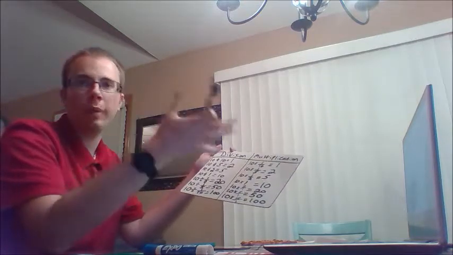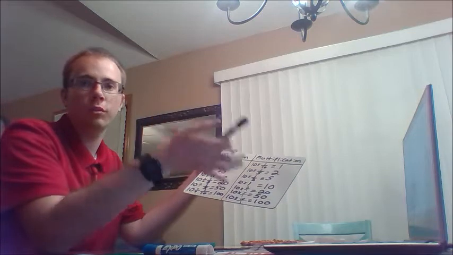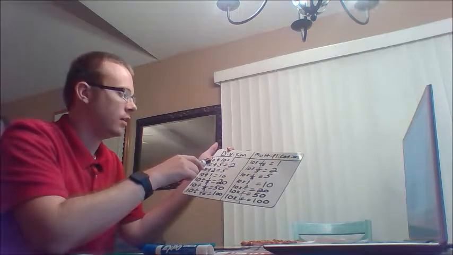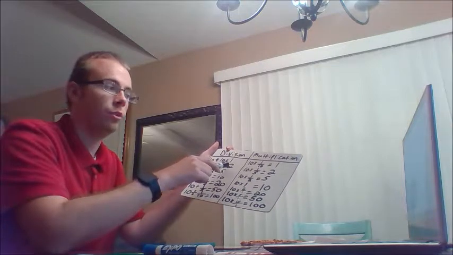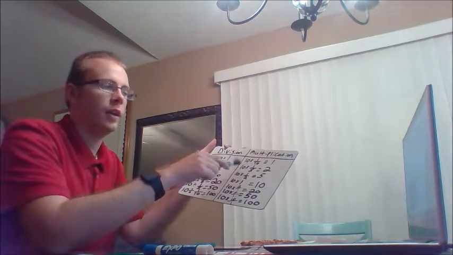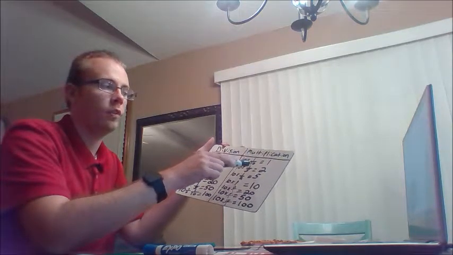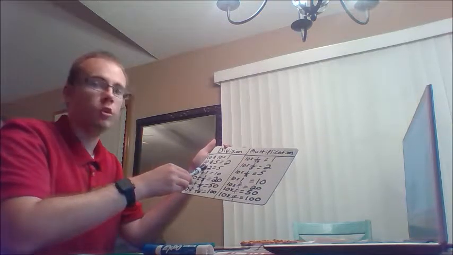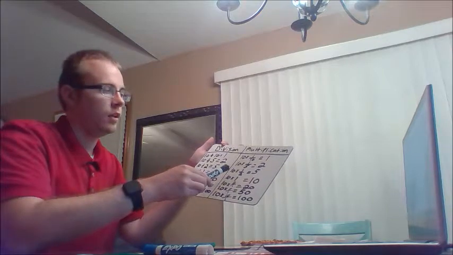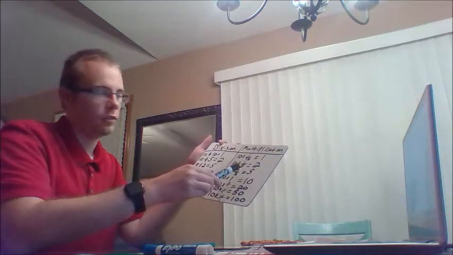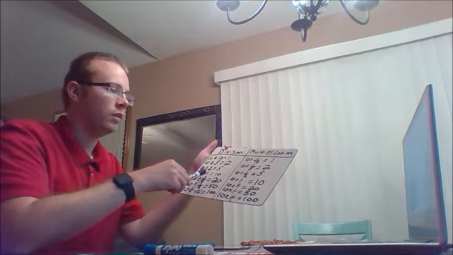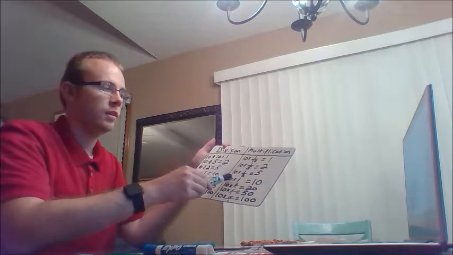I want you to look for patterns as I continue to read through this. 10 divided by 5 equals 2. 10 times 1/5 equals 2. 10 divided by 2 equals 5. 10 times 1/2 equals 5. 10 divided by 1 equals 10. 10 times 1 equals 10.